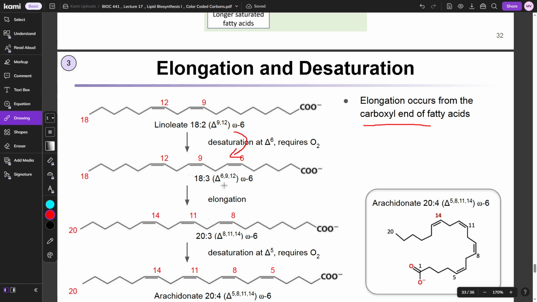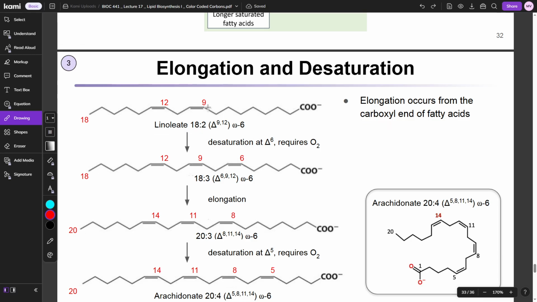Because you add carbons from this end, there's an enzyme that always adds a double bond to position 12, or sorry, not 12. It looks like in this case they're looking at position 6.